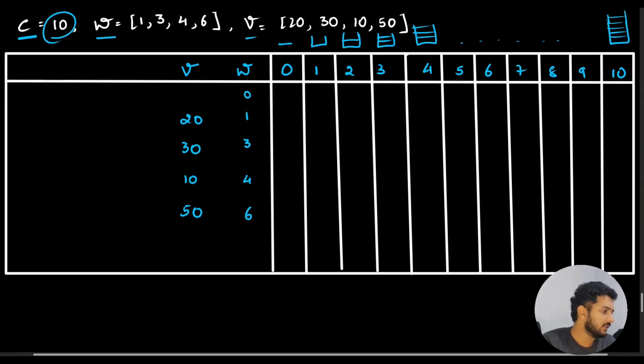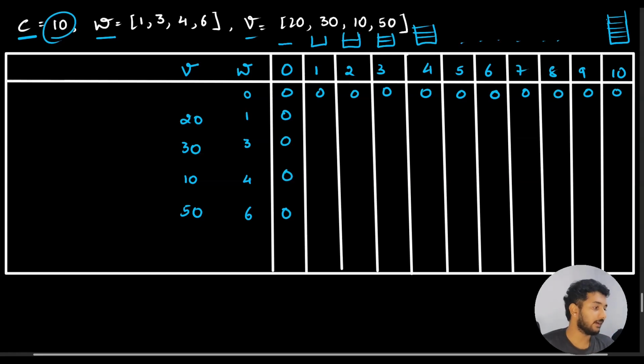The first step is very simple. If you are given 0 weights, if you have nothing to put, then just copy zeros, and the same here.